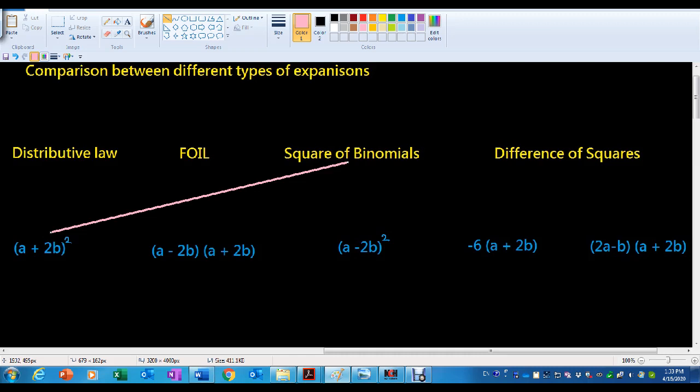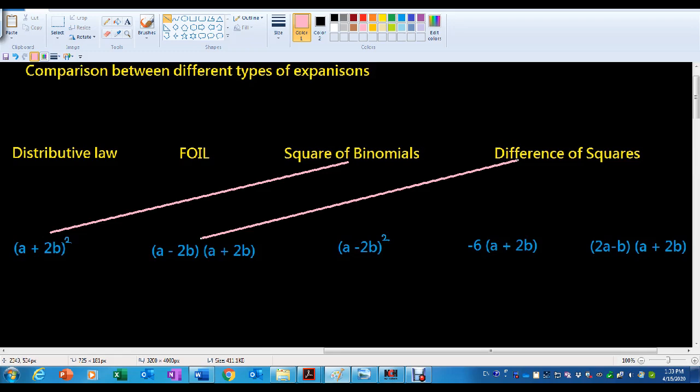Of course, all the questions here except one you can do with FOIL, but normally if we have a ready-made result, we're going to use that shortcut, right? So for this one, it's what we call the difference of squares, because you have a sum multiplied by a difference, all right?